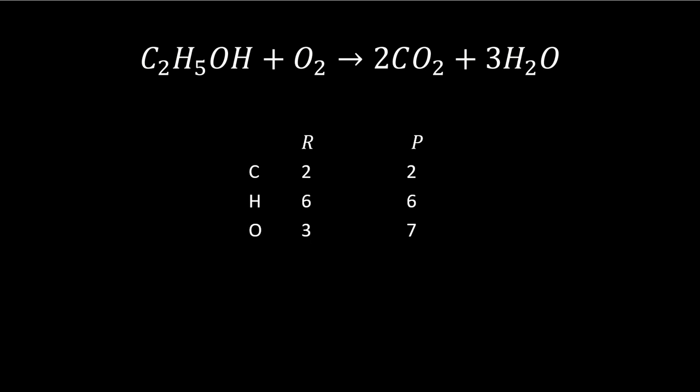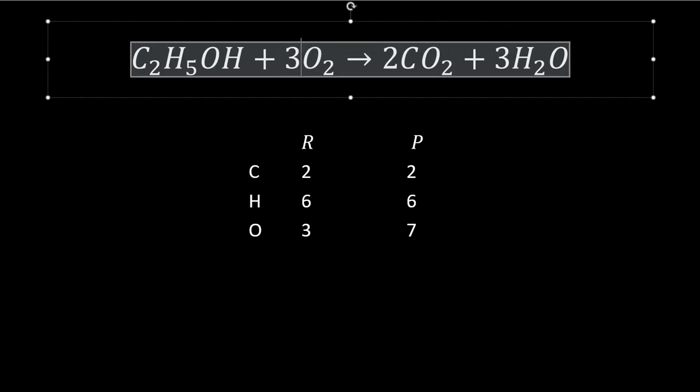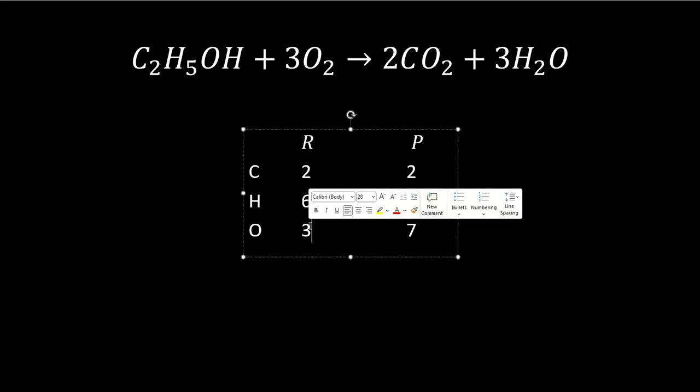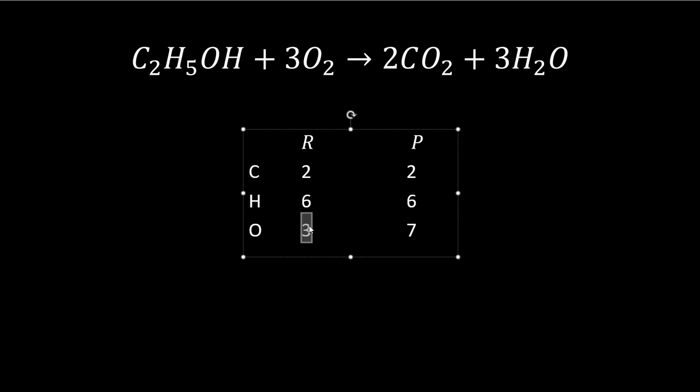So we can get the remaining 6 oxygen by placing a 3 coefficient in front of O2, so that we have 1 oxygen atom from ethanol and 3 times 2, or 6 oxygen atoms from molecular oxygen. So 6 plus 1 yields 7. So to balance this one, it would be 1, 3, 2, 3.